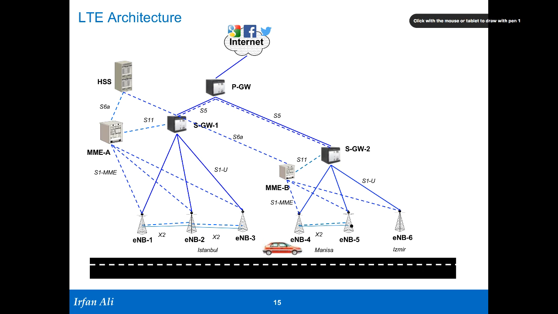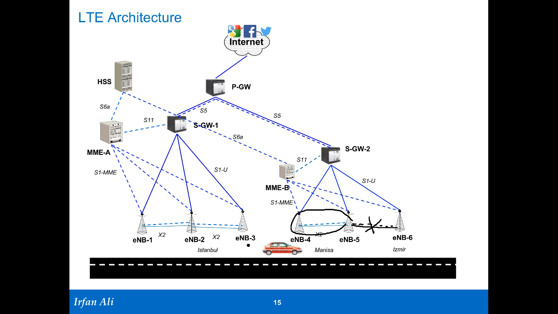You may or may not have an X2 interface between all base stations. In most cases, these interfaces are present between all base stations, so you could expect to have an interface like this, but I showed a general case where this interface does not exist. And your MME, the mobility management entity, is handling the mobility between these base stations, and it also has an interface to the HSS.